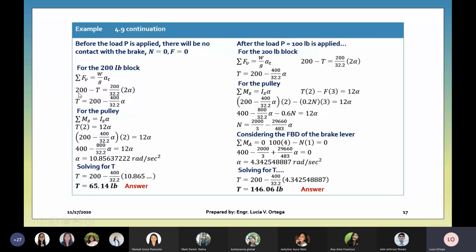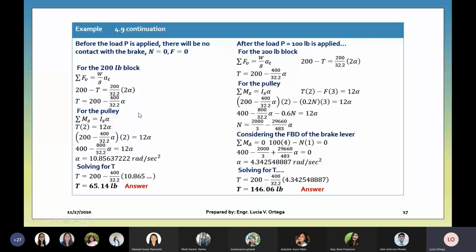So 200, the weight, minus tension, it's going down, so the inertia force is going up, the same direction as the tension. 200 minus T equals 200 over 32.2 times 2 alpha. Simplifying, solving for tension in terms of alpha, this would be the equation.